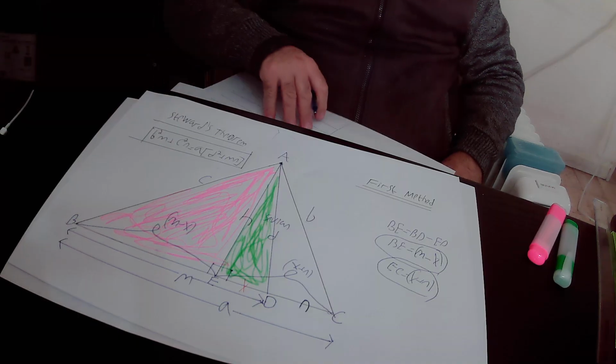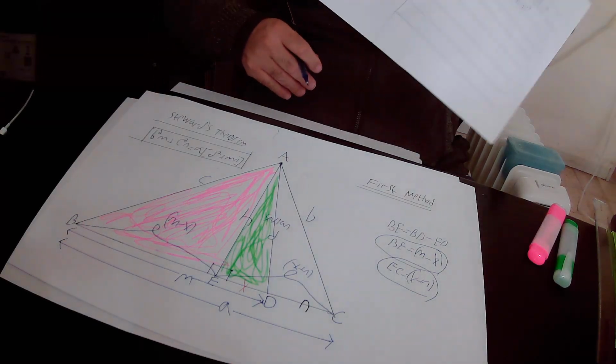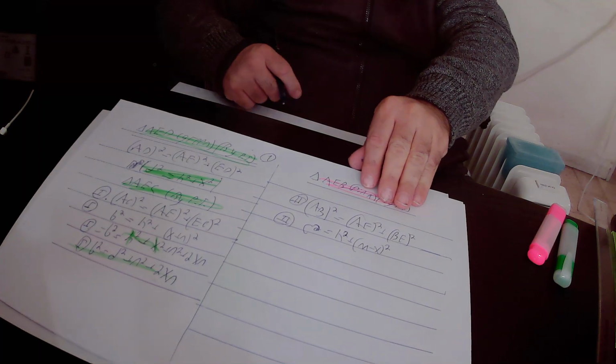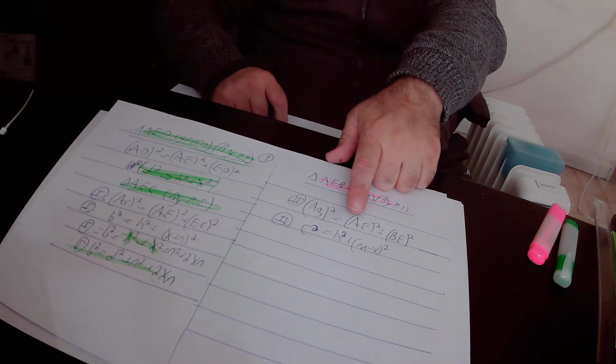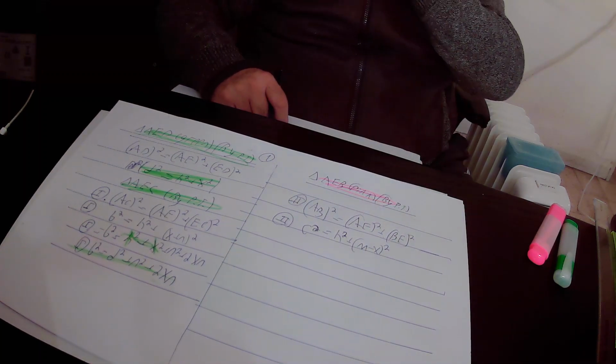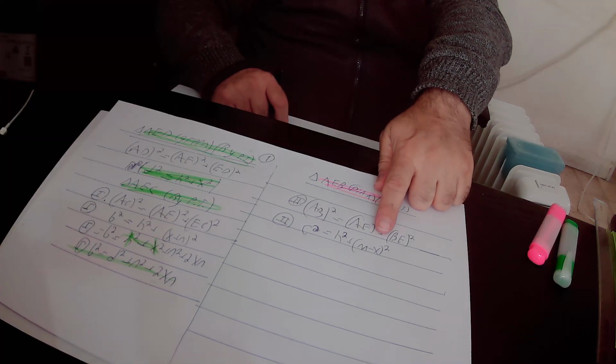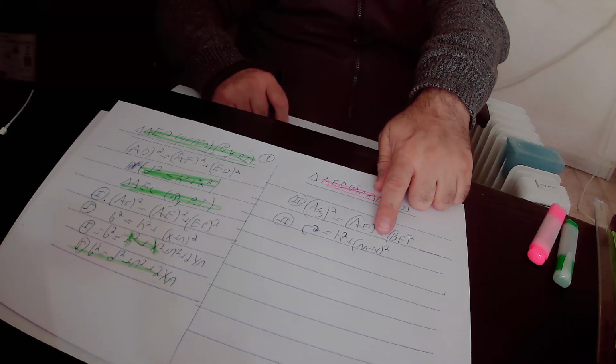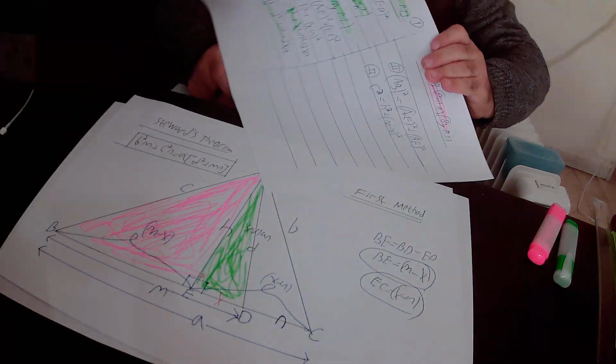In conclusion, we found out that according to equation number 2, c squared equals h squared plus n minus x squared. We'll open the brackets on this side of equation number 2.